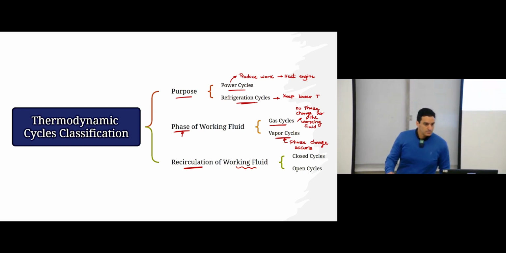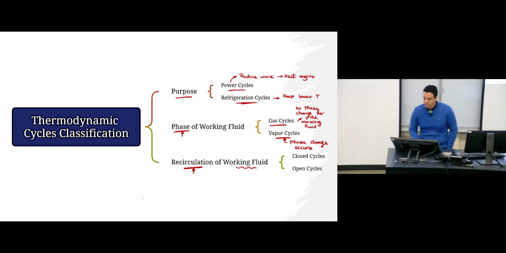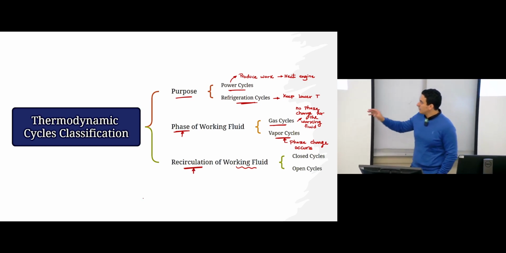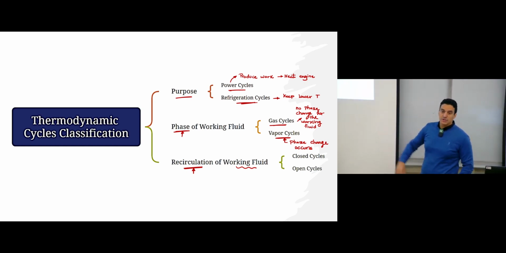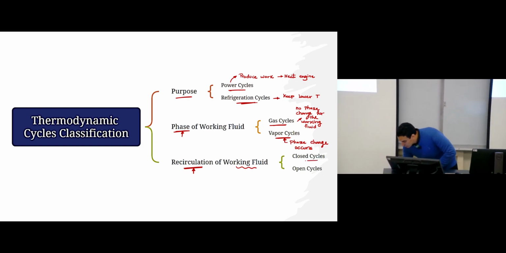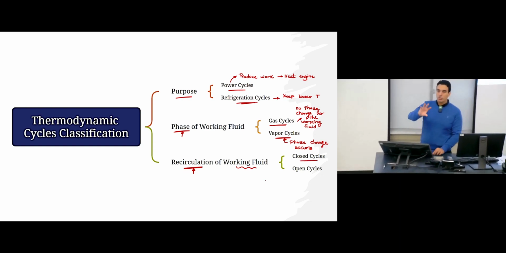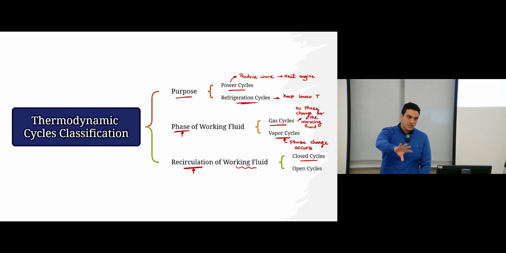Clear? The last classification is recirculation of the working fluid. Based on this, we can classify our cycles into closed cycles and open cycles. The difference is that in a closed cycle, the working fluid finishes the first cycle, and then the same working fluid starts the second cycle, and the same working fluid starts the third cycle. So we have complete recirculation of the working fluid.